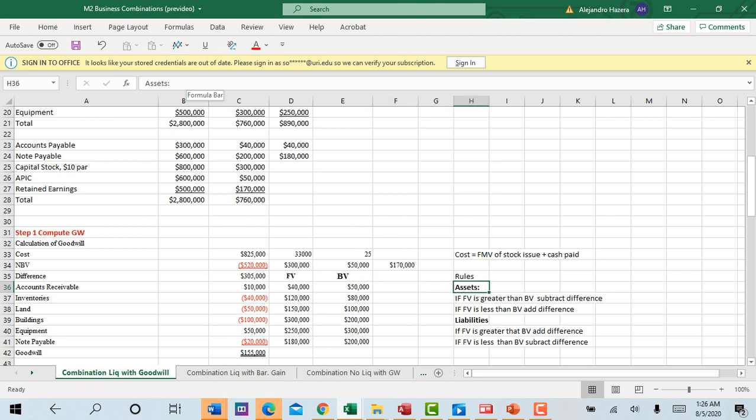These rules are very important. For assets, if the fair value is greater than the book value, then subtract. If the fair value is less than the book value, then add, which is the case right here for equipment and accounts receivable. For liabilities, such as notes payable, do the opposite. If the fair value is greater, add it. If the fair value is less, subtract it.